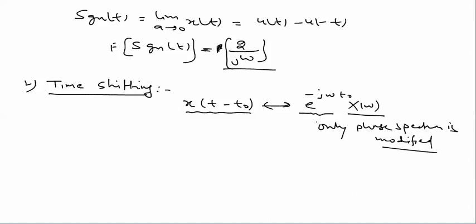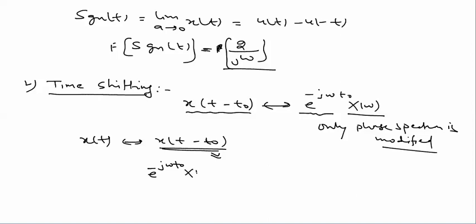The time shifting property can be proved through change of variable. We can simply put, instead of x(t), x(t minus t naught), and the result will be modified by this amount.